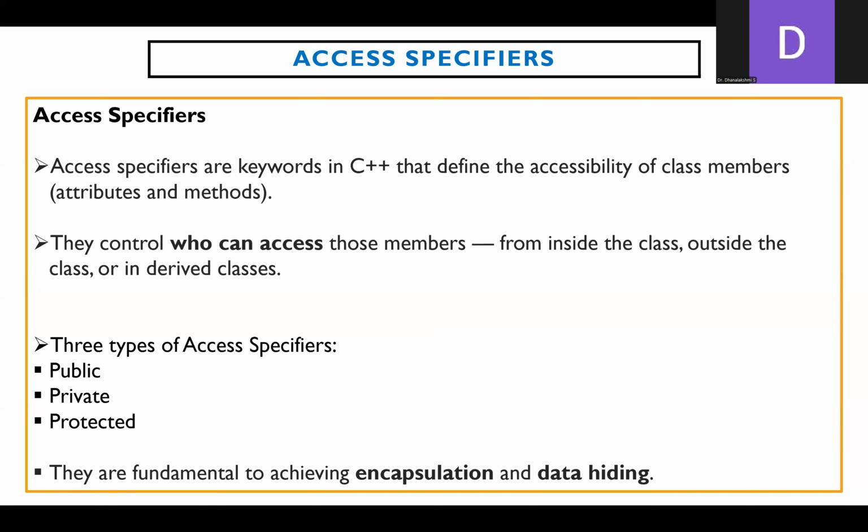So we need a mechanism to hide sensitive data but at the same time expose useful operations. This is exactly what access specifiers do. They help in achieving encapsulation and data hiding, one of the four pillars of OOPS, object-oriented programming, along with the other three: abstraction, inheritance, and polymorphism.